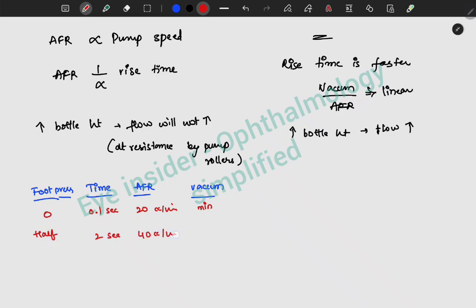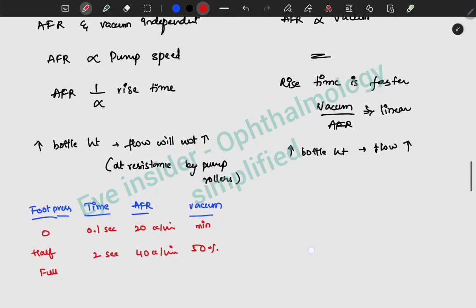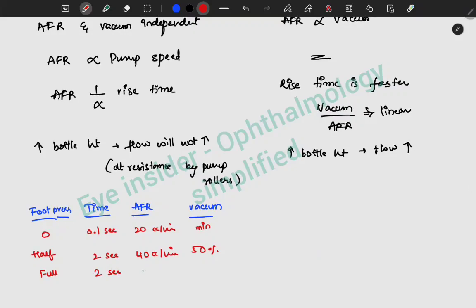Then if we press it half, the time is 2 seconds, 40 cc per minute, and the vacuum is 50%. When we press it full for 2 seconds, AFR is again 40 cc and now the vacuum has reached 100%. Then again for full at 4 seconds, the AFR has reduced and the vacuum has reduced. So we can see AFR and vacuum are independent.